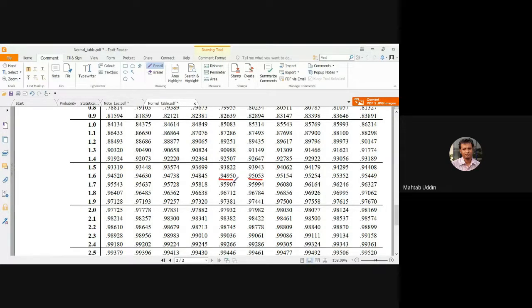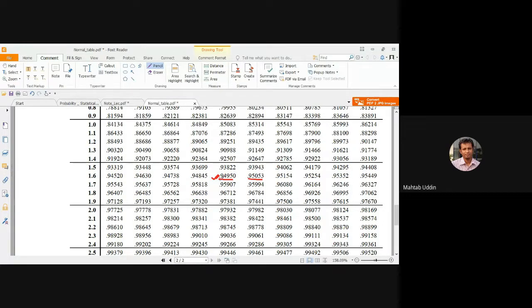Who is it close to? I think close to this one, right? Yes, sir, close to this, because the difference is 0.0005 here and 0.00053 there.